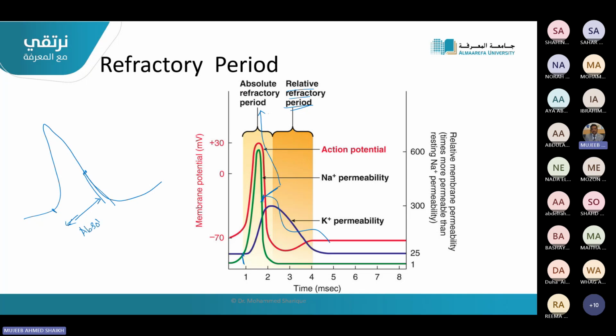That's why it is called the absolute refractory period. But if you stimulate the second time in this period, from here to here, with a strong stimulus, not the normal one, then a second action potential can be produced. So this period is called the relative refractory period.